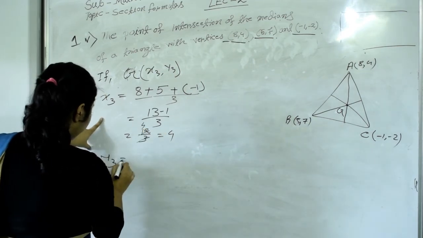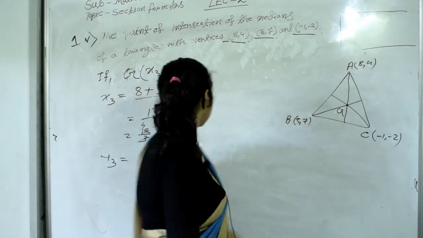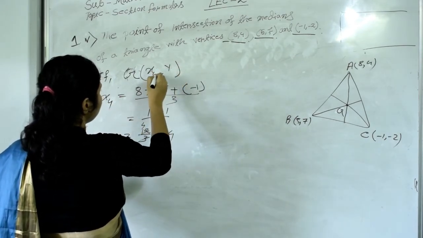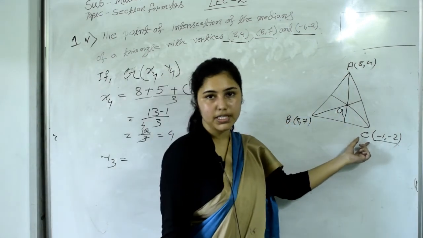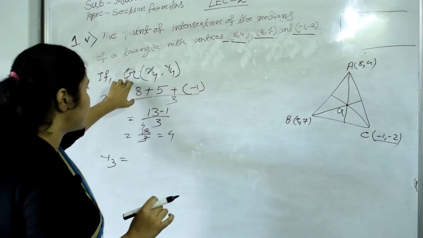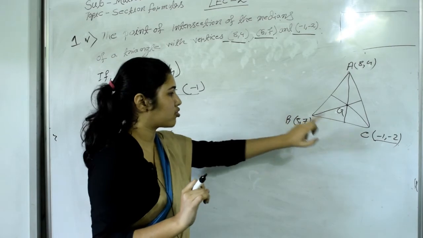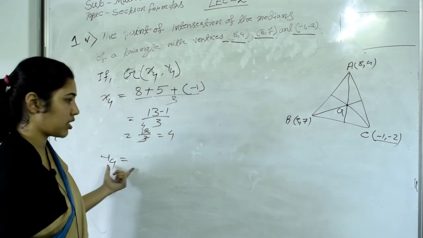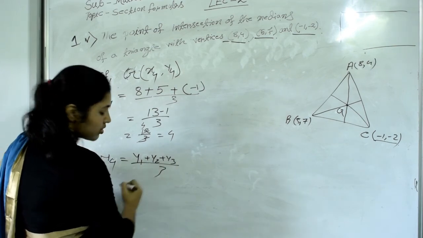And the value of y is again y1 plus y2 plus, okay, consider here the coordinate of G is suppose x4, y4, because we are calling the coordinate of C as x3, y3. So suppose the coordinate of the centroid G is x4, y4. Then the value of x4 is equal to x1 plus x2 plus x3 by 3, and the value of y4 is equal to again y1 plus y2 plus y3 by 3, right?